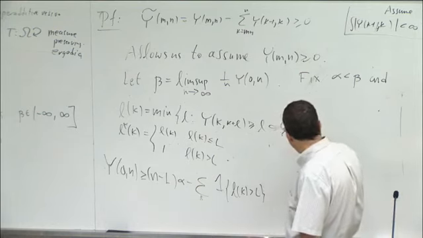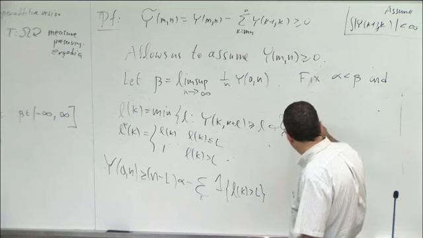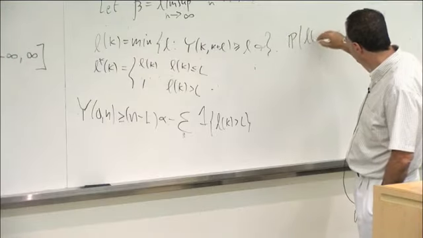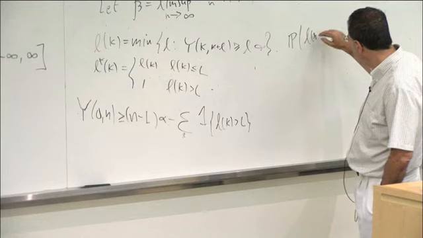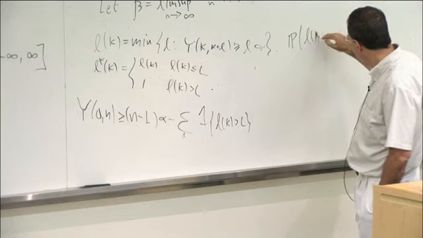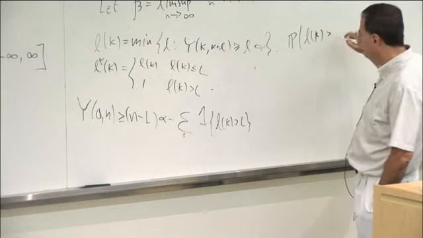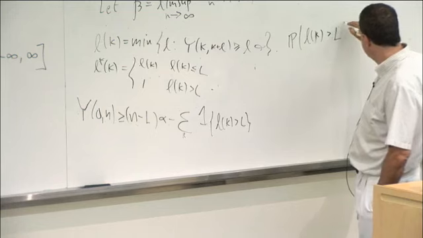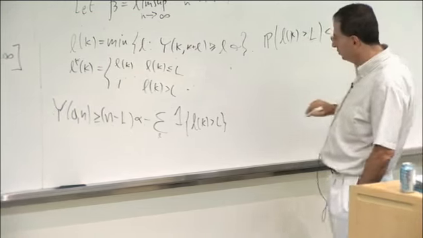As before, we choose L so that the probability of L of k being bigger than L is less than epsilon.